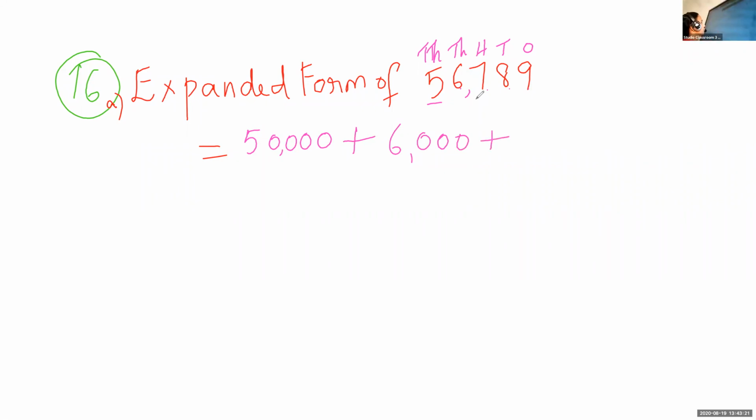Plus 7 is in the hundreds place, so we can write 700 plus 80 plus 9. Okay.